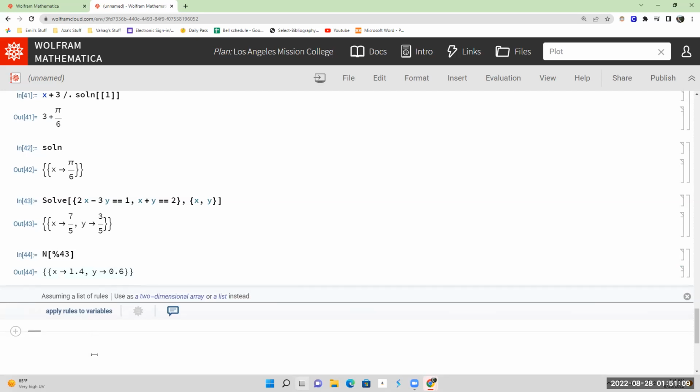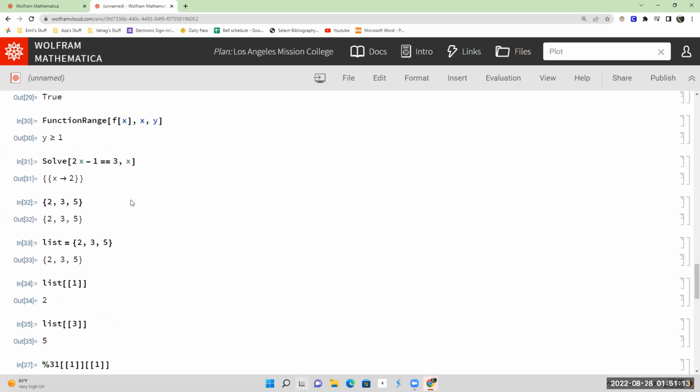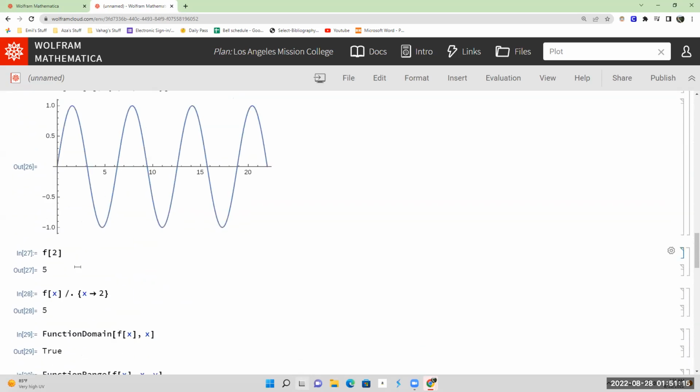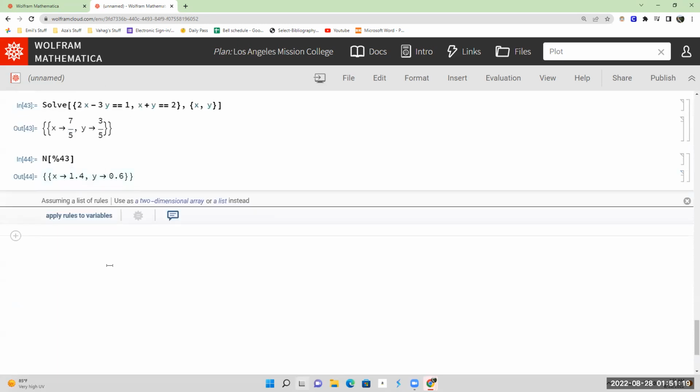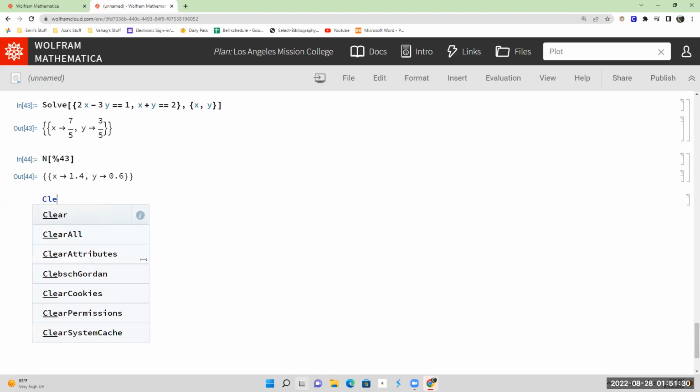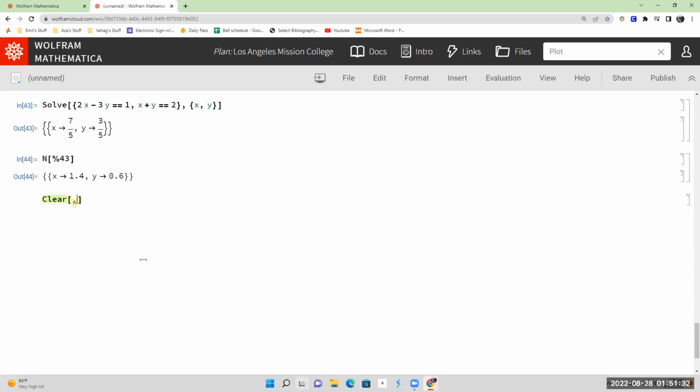Before I go on, it's important to note that if we have defined functions over here, I have defined the function f of x. Well, f is now busy because it represents a specific expression, right? So in order for me to work with f, sometimes what I could do is I could clear it.